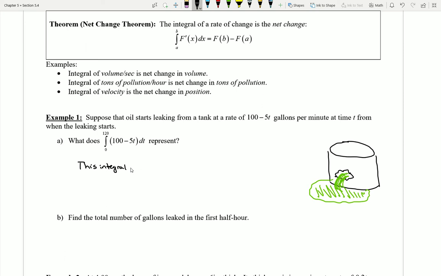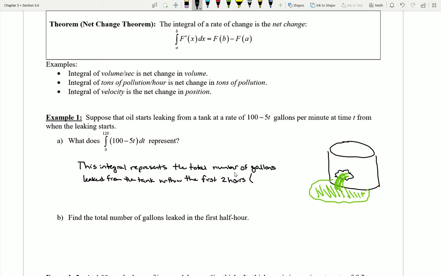This integral represents the total number of gallons leaked from the tank within the first 2 hours.